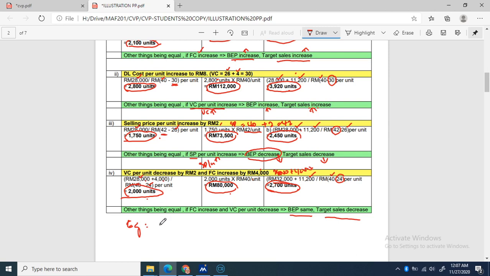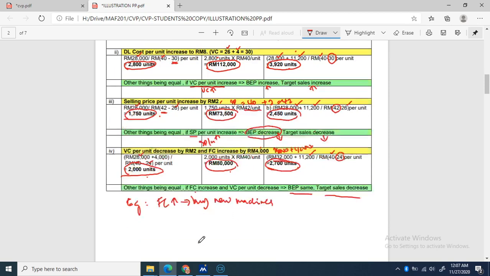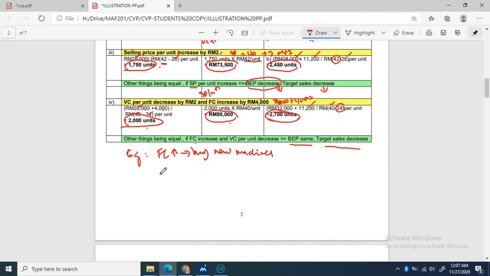So based on this situation, we can see an example here. An example of when the fixed cost increases: you purchase or buy new machines. So when you buy new machines, what will happen? The overhead cost, depreciation, will increase, so the fixed cost will increase. The variable cost will decrease. Why does variable cost decrease? You change from labor to machine.